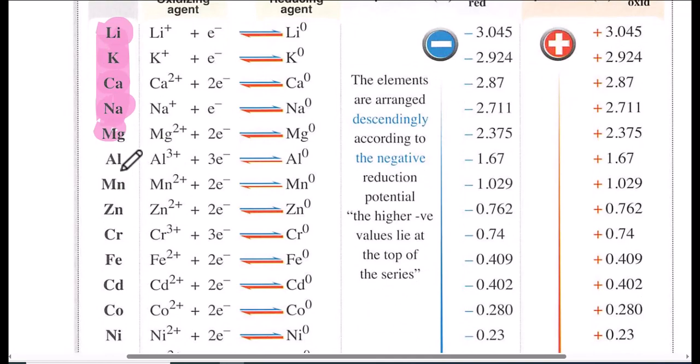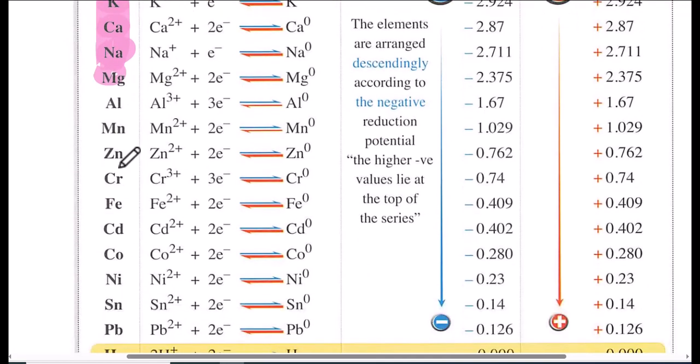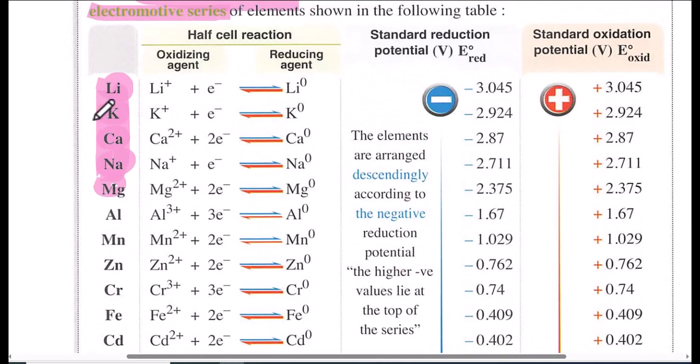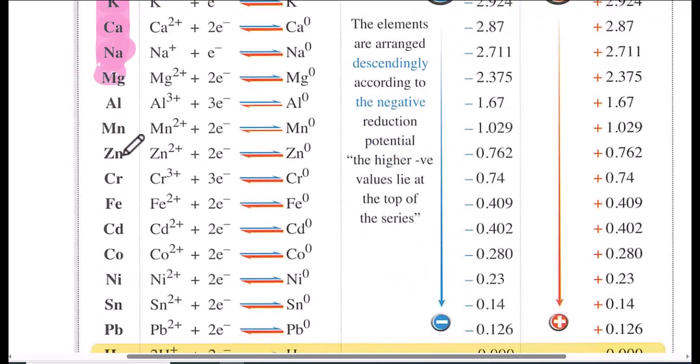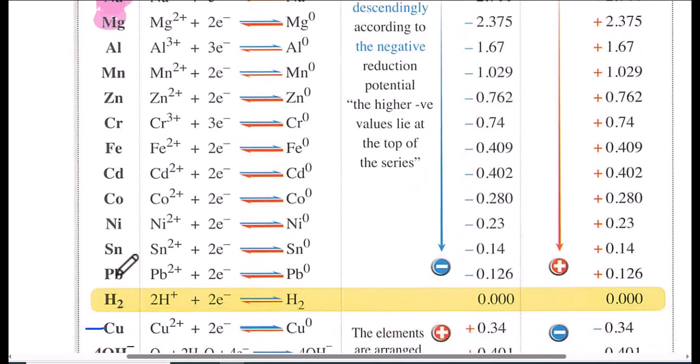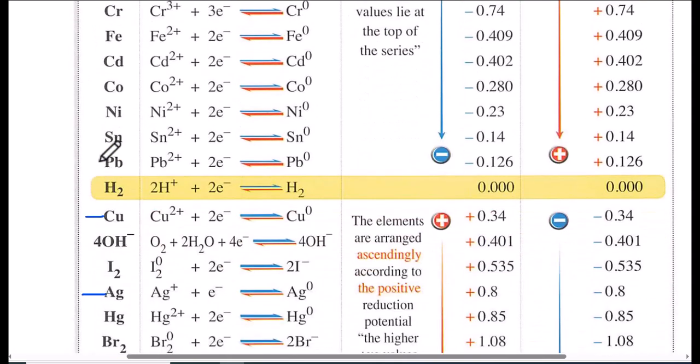Some transition elements are more active than hydrogen, although less active than the metals of 1A and 2A groups, like manganese, zinc, chromium, iron, cadmium, cobalt, nickel, tin, and lead. Between them there is hydrogen.